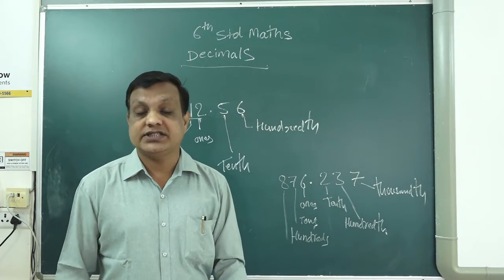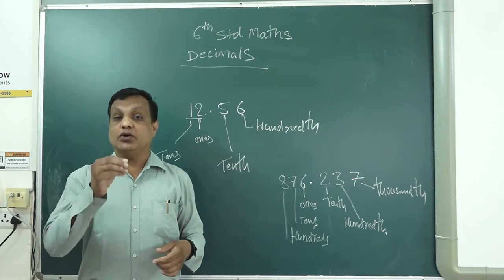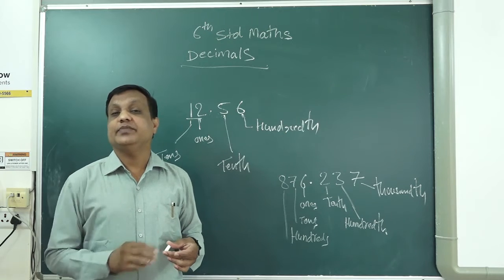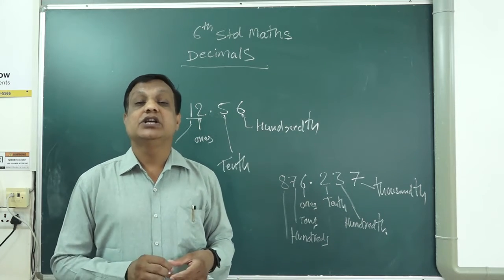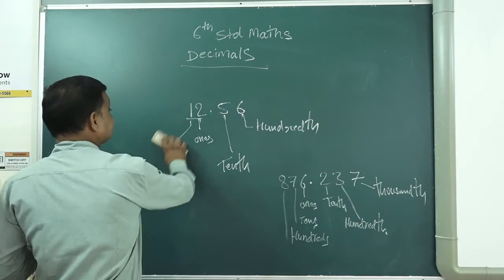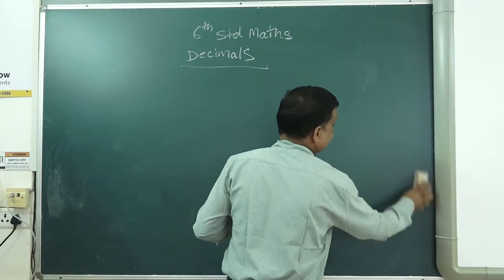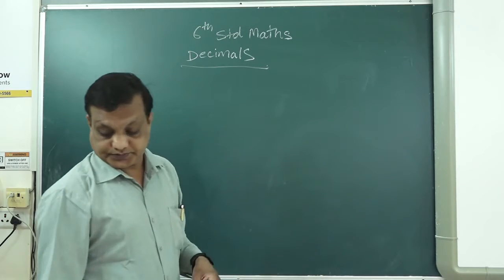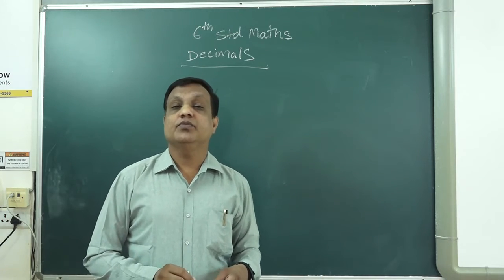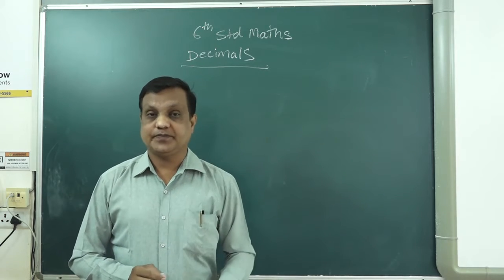And where do we use decimal numbers? We use them in the market. As I said earlier, in olden days we saw 5 paisa, 10 paisa, 25 paisa, 50 paisa. Now those coins are banned. Here we are seeing where to use the decimal. Suppose in the market most of the time you see the rate on the items.